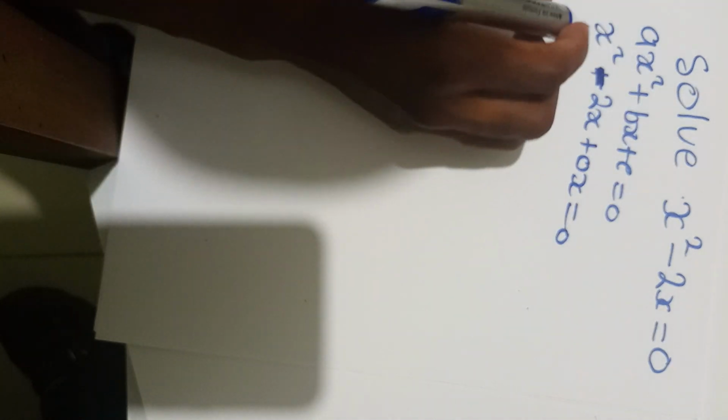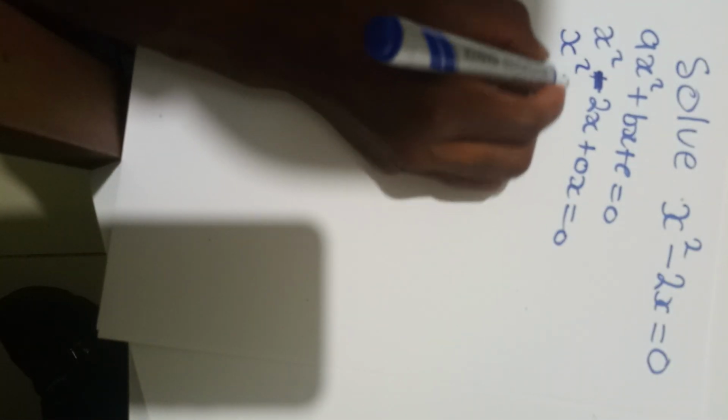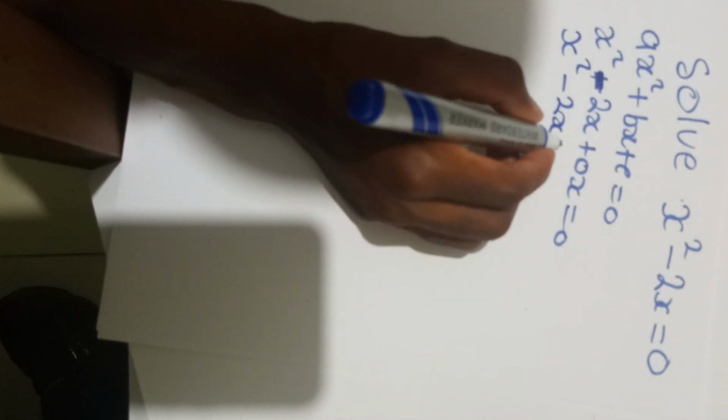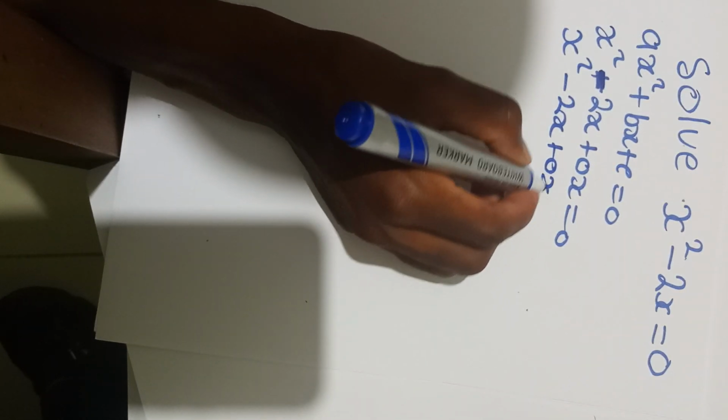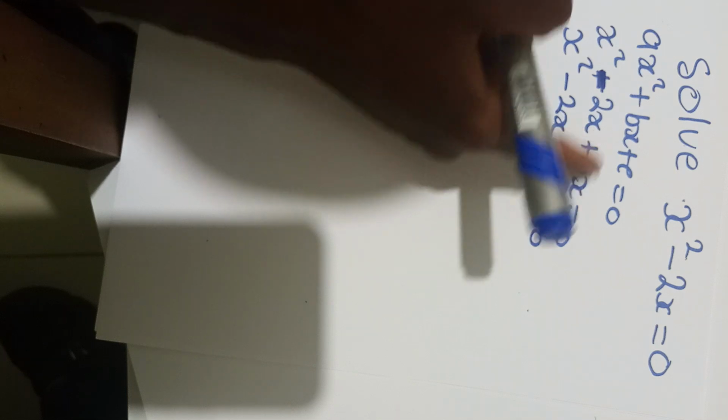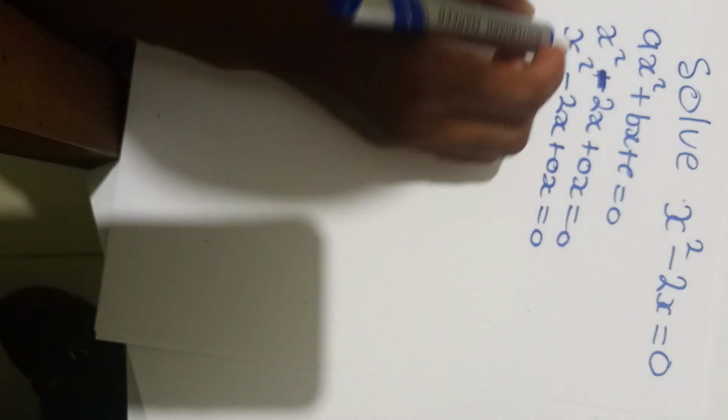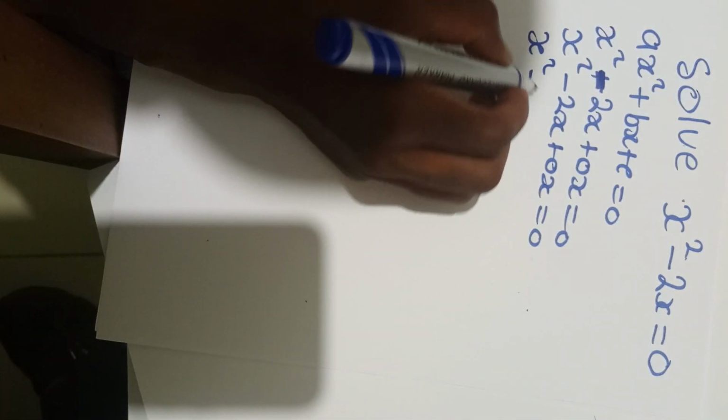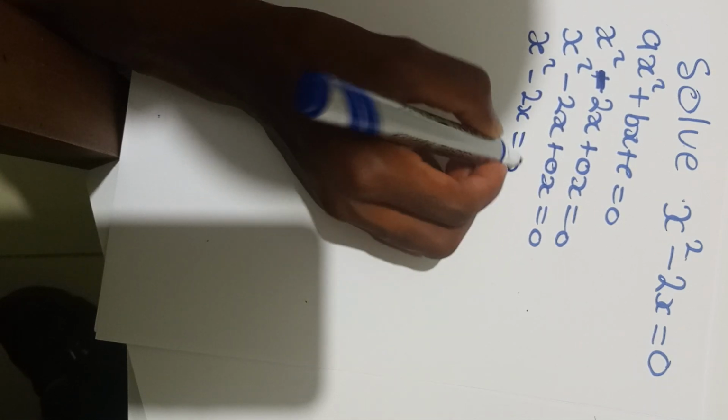That's why this is not appearing here, because it's 0. 0 times x is just 0. That's why we are saying this is x squared minus 2x is equal to 0.